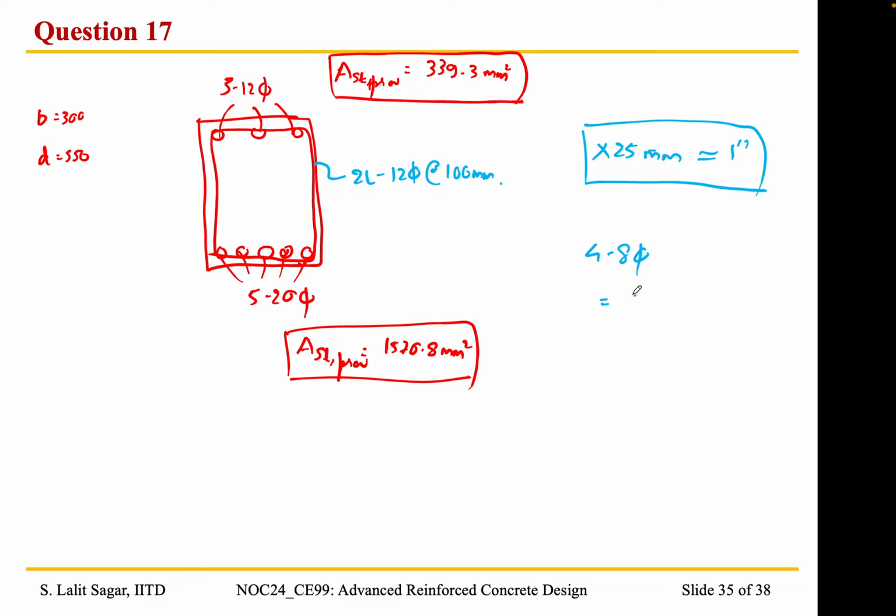It is 201 millimeter square. So we are going to provide 2 bars on each side, totally 4 bars. This would provide adequate resistance against the torsion. Okay, 2 of 8 bars on each side.